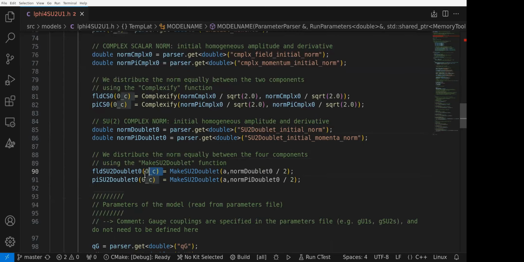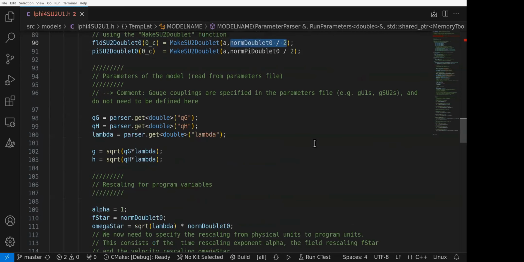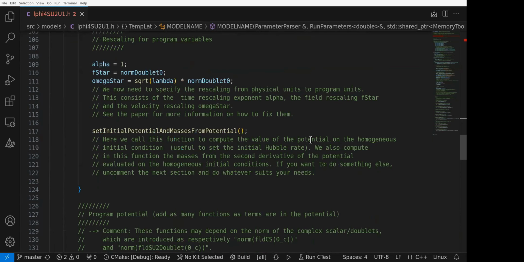So this is the initial condition for the fields. 0C again means that it's the first doublet, and it's really treated as a complex scalar field. And this function make SU2 doublet just creates an SU2 doublet that is constant and has the same constant in all components. This is all the same as before.